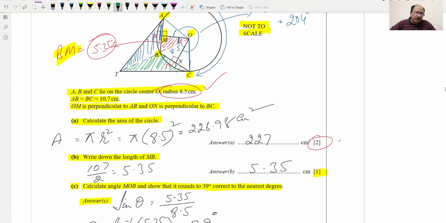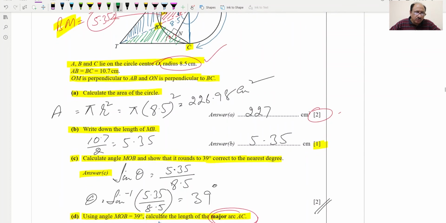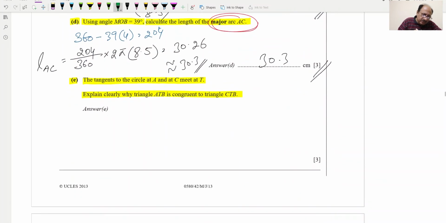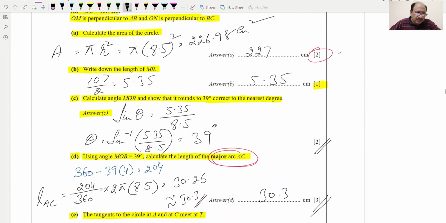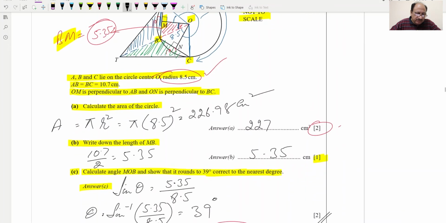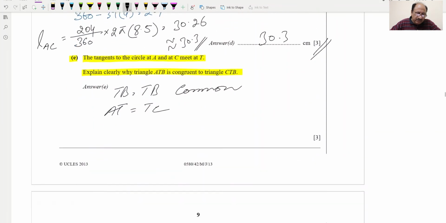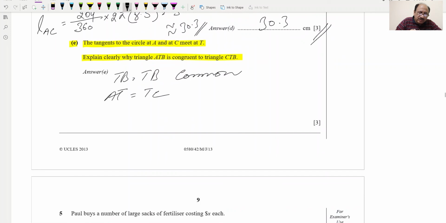So we can write TB is common in both, so TB is equal to TB, which is common. Then we can write AT is equal to TC. These are the tangents, so AT is equal to TC. They are tangents to the same circle and equal.